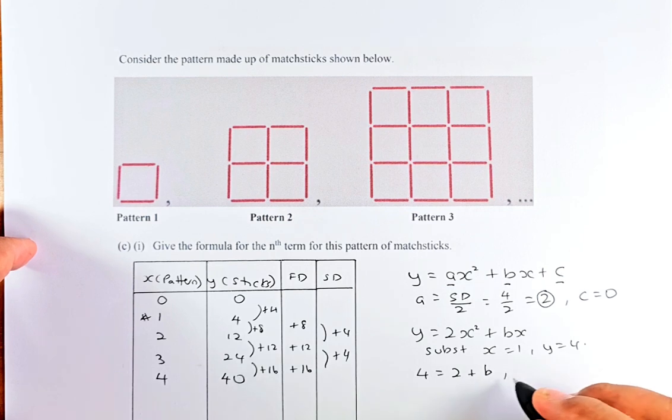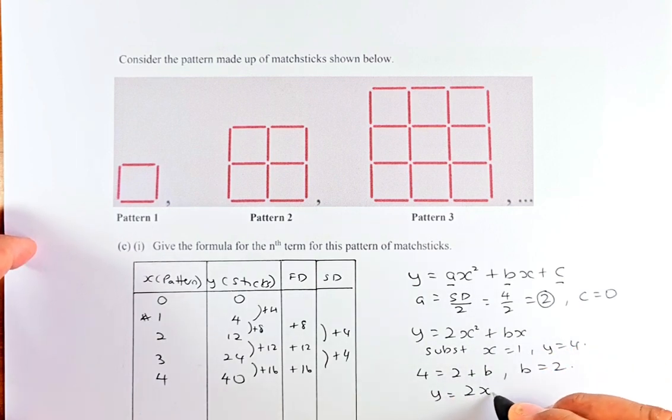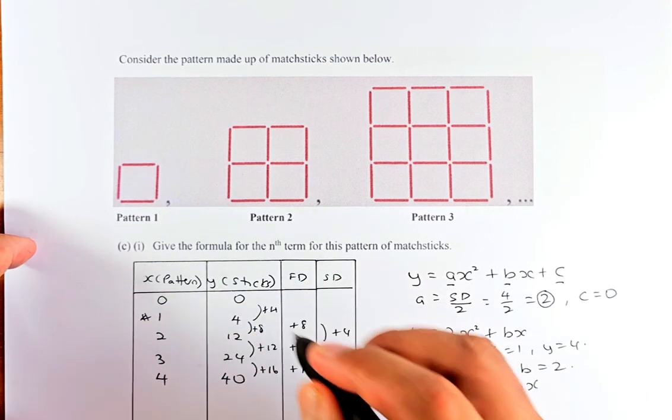Again, to solve this, minus 2 on both sides, b equals 2. So the equation is y equals 2x squared plus 2x. But because we are talking about sticks and patterns, y is now replaced with sticks.